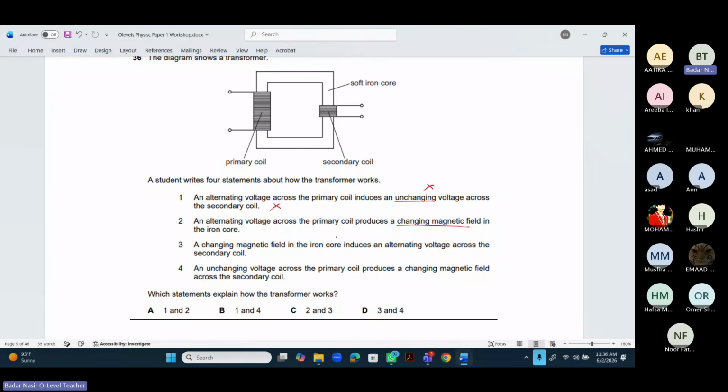So this is not the correct statement. An alternating voltage across the primary coil produces a changing magnetic field in the iron core. A changing magnetic field in the iron core induces an alternating voltage across the secondary coil. ये जहाँ पे unchanging का word है, that is not correct. So the correct option is 2 and 3.